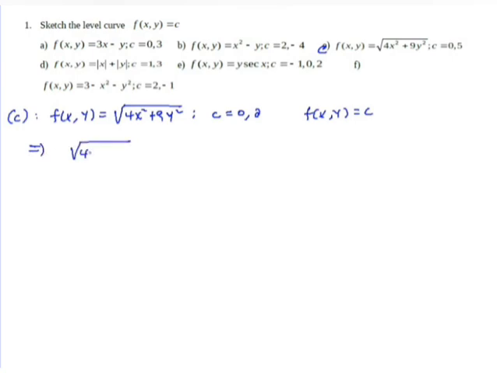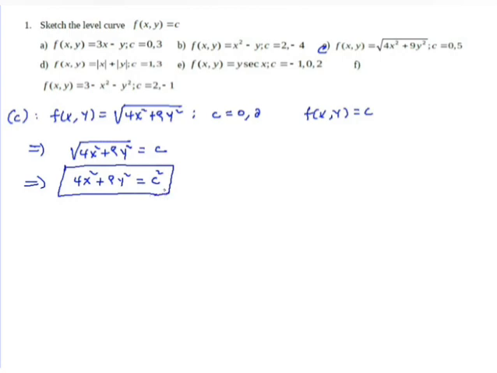Radical 4x square plus 9y square is equals to c ማለት ነው። ስኩዌር ስናደርገው both side ምን ይኖረናል? 4x square plus 9y square is equals to some constant.